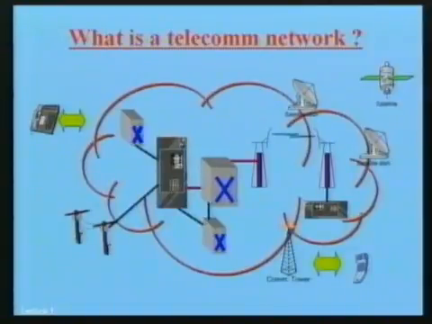Because these point-to-point links, some of them are internet links, some of them are voice links, and they have different data rates. So the switch which comes in between wants to take from one and add it to the other. So that's the state of the art: make it faster and faster.